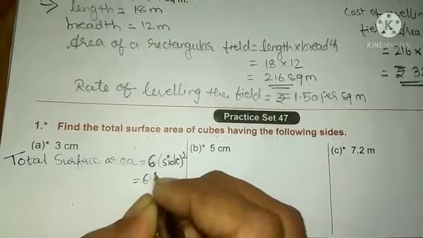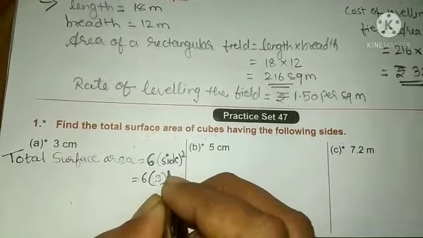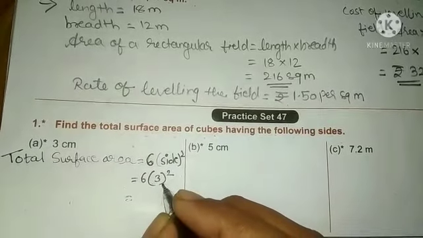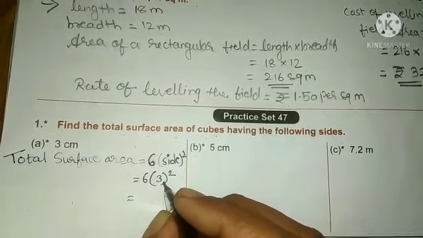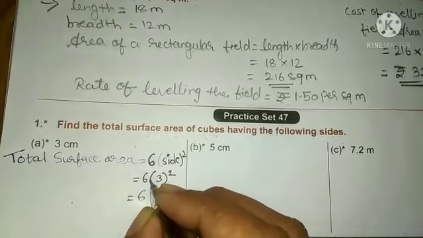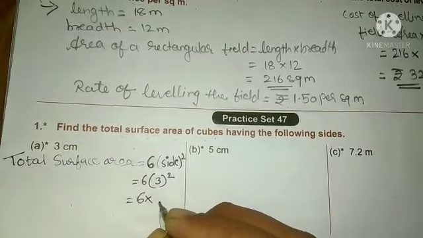Here the side is given, that is 3. So in brackets we will write 3. We have to first find the square of 3. So 6 will come as it is. Now 6 and directly a bracket is there, so which sign will you give? You will give multiplication.